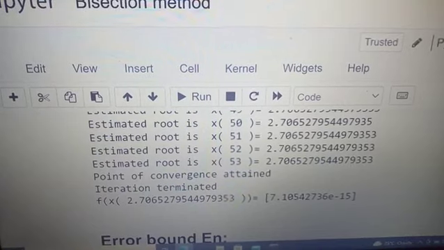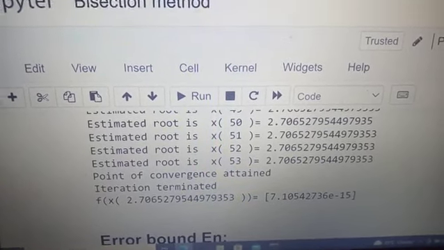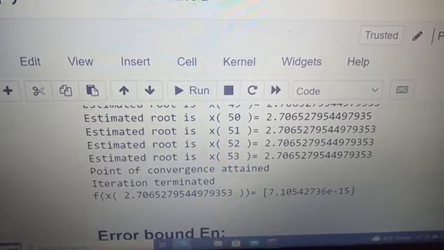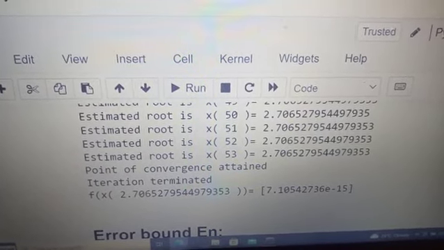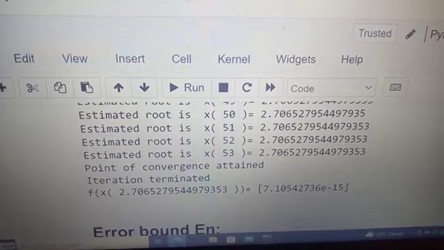So the final answer becomes 2.7065279 as the root of that function f of x equal to 0.